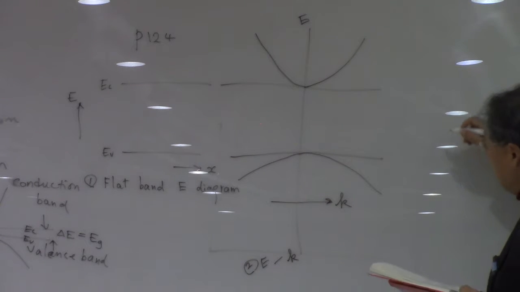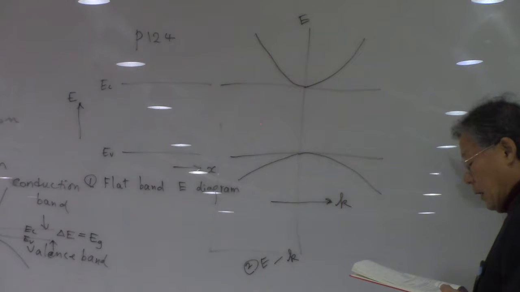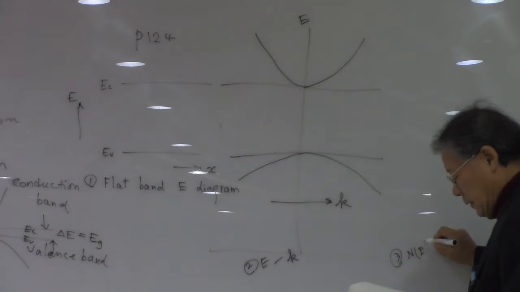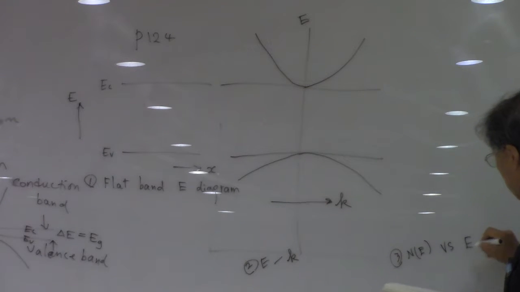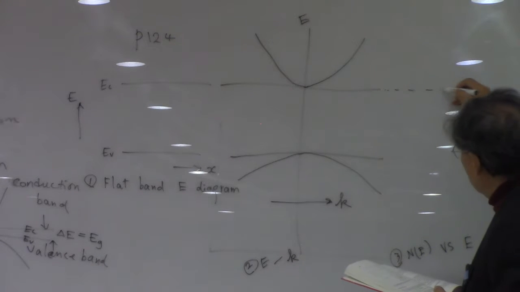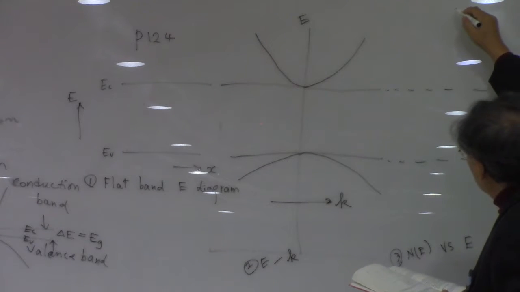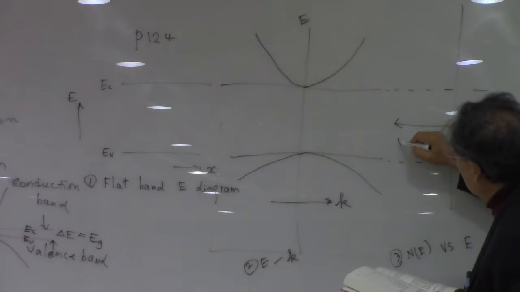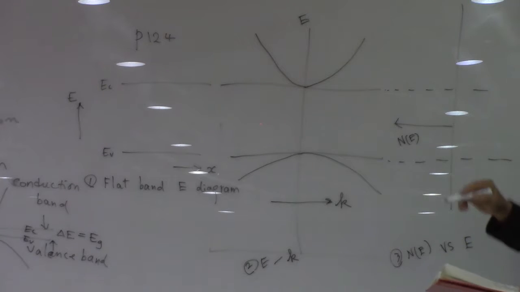And another drawing for this is energy density versus energy diagram. And that is, if you draw this in terms of the y-axis is going to be now the available energy densities the electron can occupy.